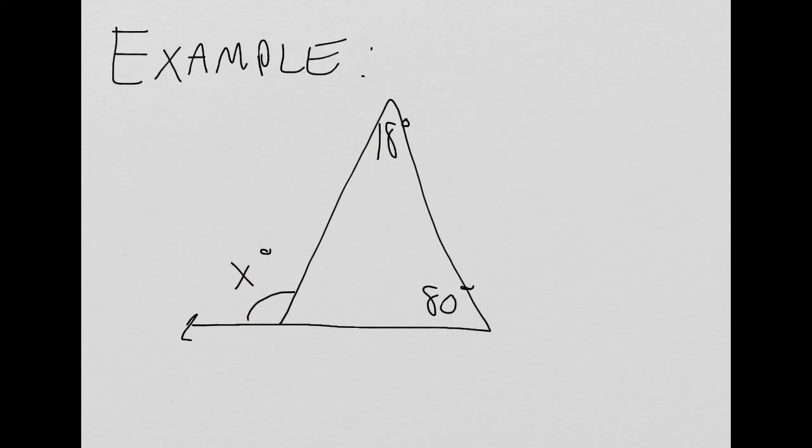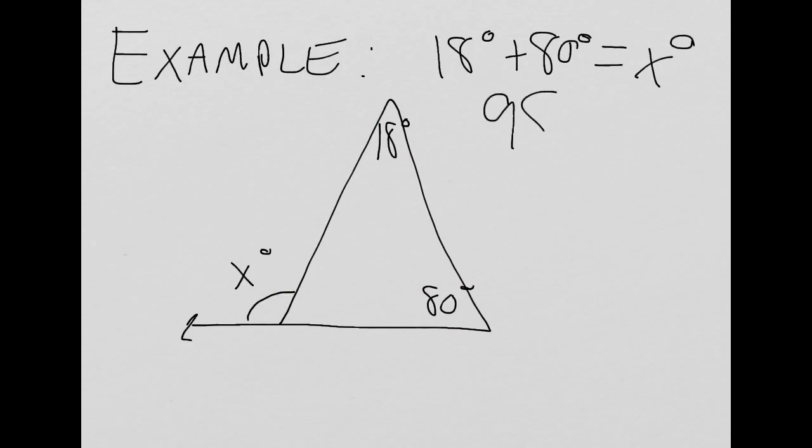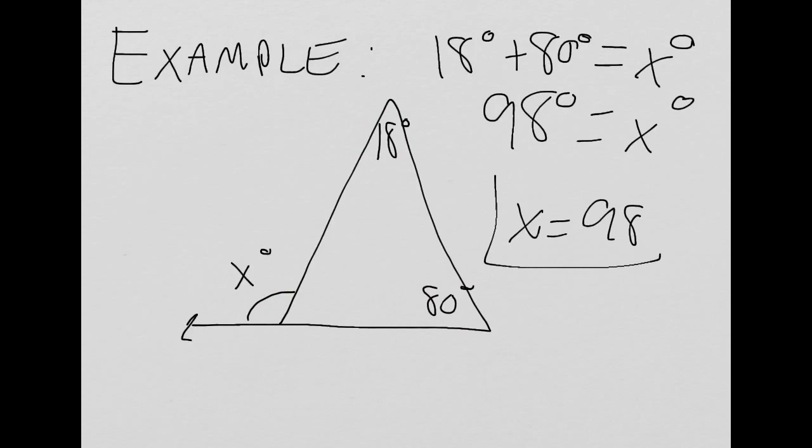So I know by theorem 3-12 that the sum of the measures of my two remote interior angles will equal the measure of my exterior angle. So that means I can set up 18 degrees plus 80 degrees will equal x degrees. Then that's just some basic math. I have 98 degrees equals x degrees. So x equals 98.